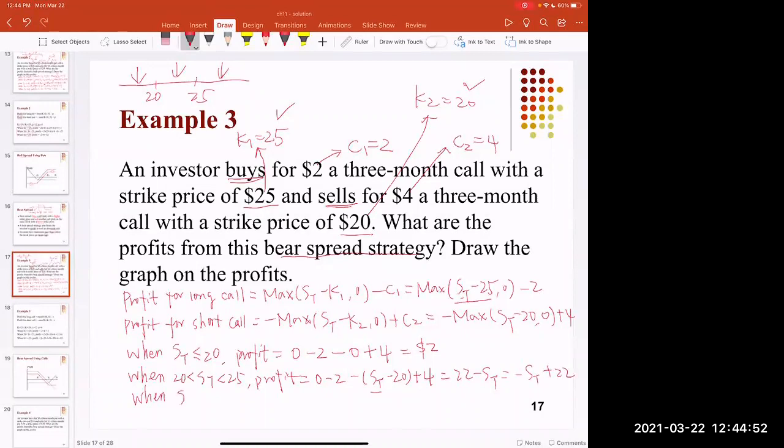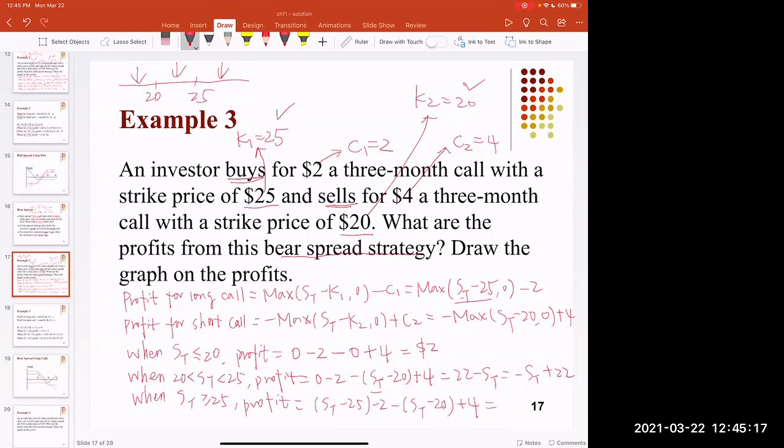Good. So when ST is greater than 25, the profit, in this case, for the long position, ST minus 25 is a positive value, and a minus 2, and a minus ST minus 20 plus 4.